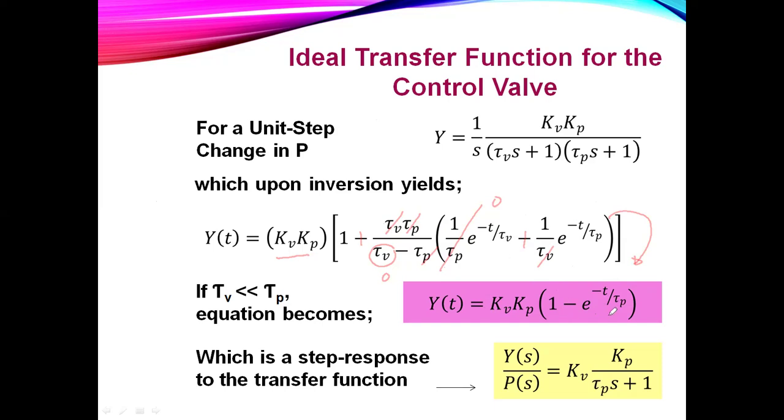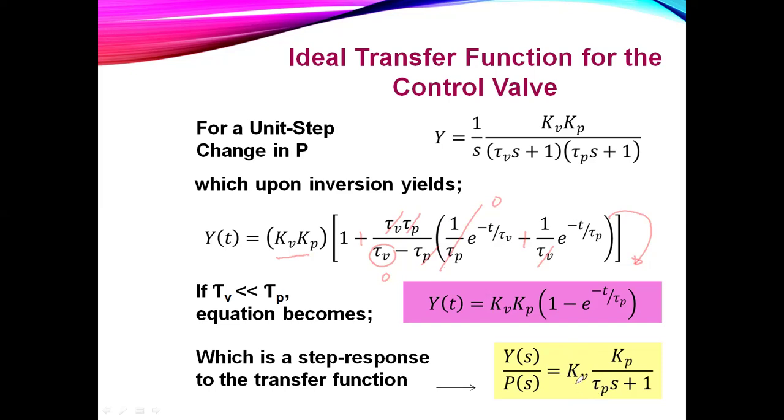So your original response to a step forcing function, where P is your forcing function, will now be simplified in this form. If you look at where this came from, it's actually the step response to this particular transfer function, wherein your control valve has a transfer function, which we started off with in the first slide, which is simply K sub V. It no longer has the tau sub V s plus 1 because tau sub V is very small.